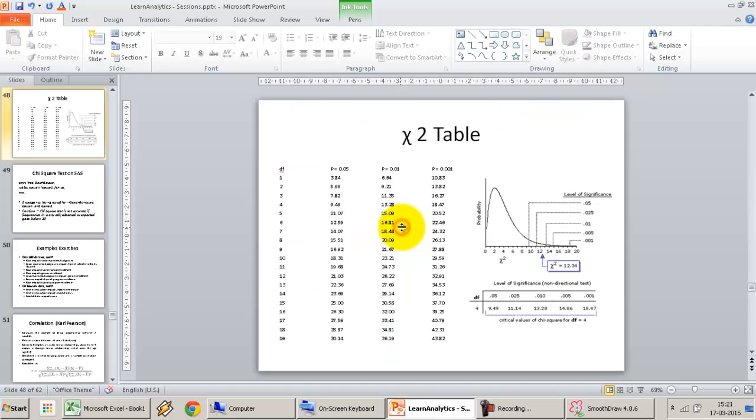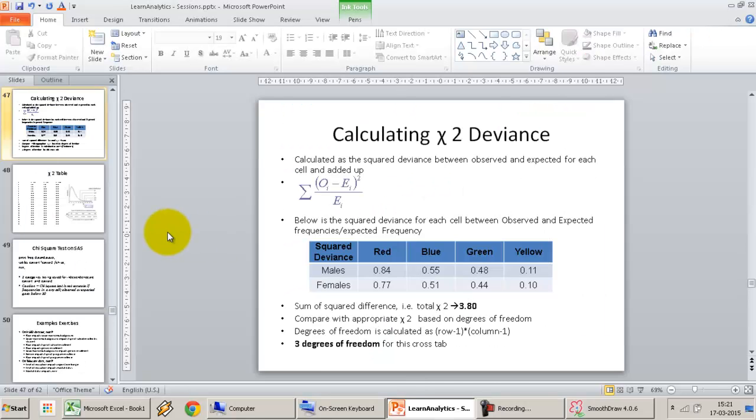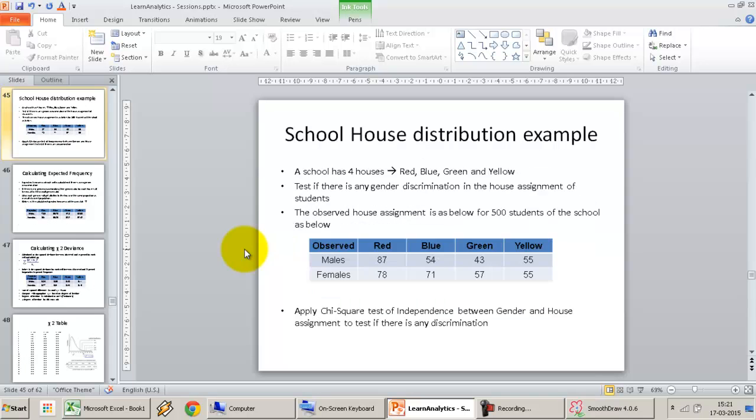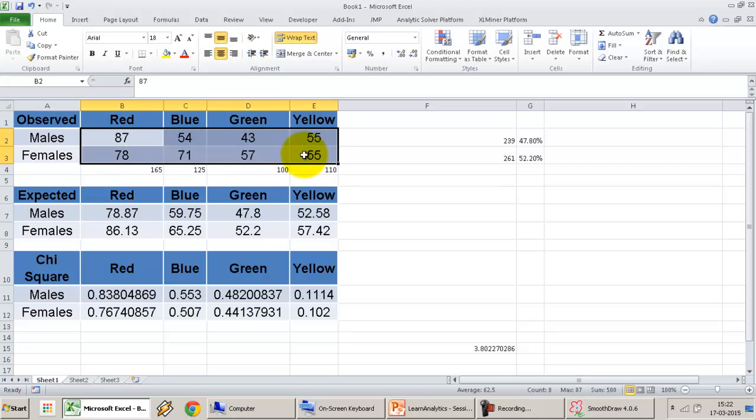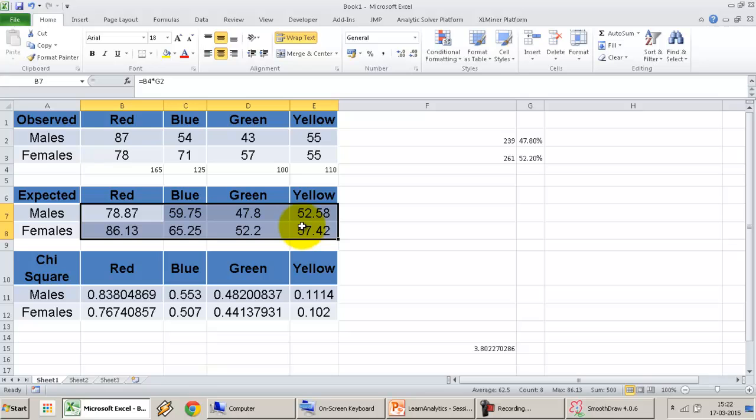for this particular example, the null hypothesis is retained, i.e., there is no gender discrimination in the data set that we have. So in this particular school example, there happens to be no gender discrimination between the house distribution and this deviation that we are getting. So we are observing this is the gender distribution. This should have been the gender distribution.